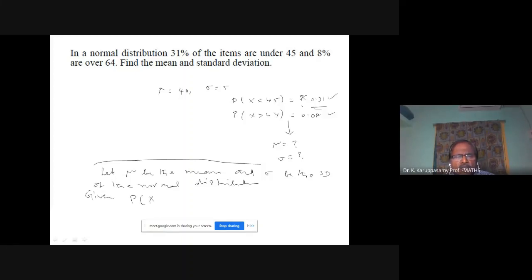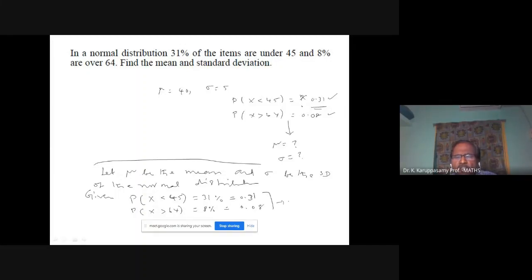The probability of x less than 45 is 31% or 0.31. Under 45 means below. Another piece of information given: the probability of x greater than 64 is 8%, which is 0.08.